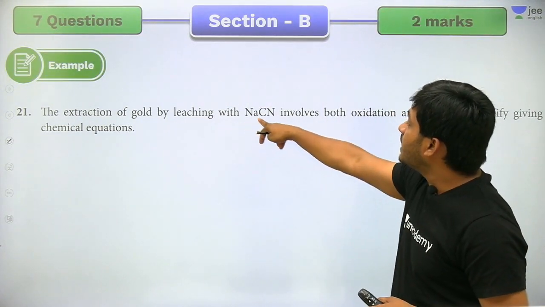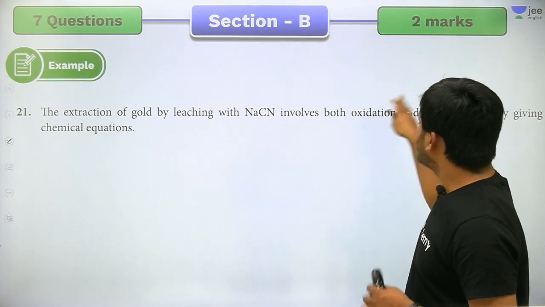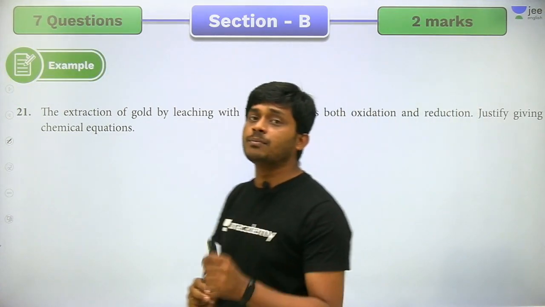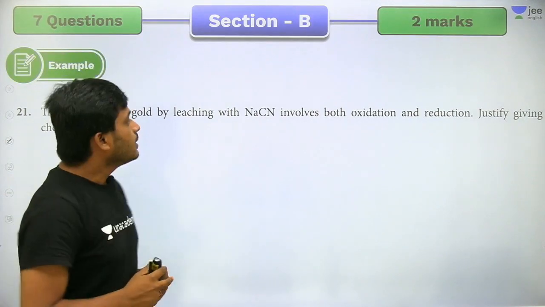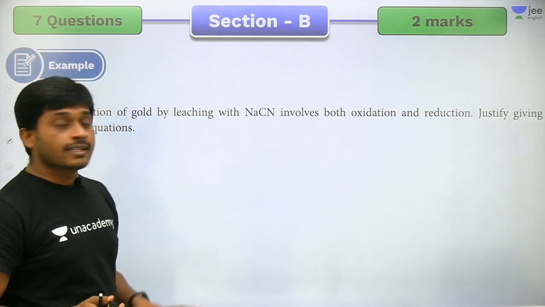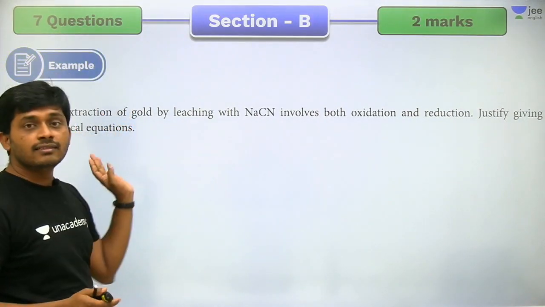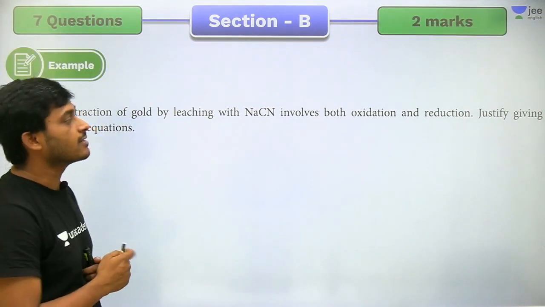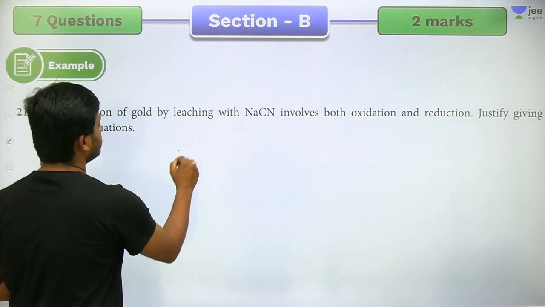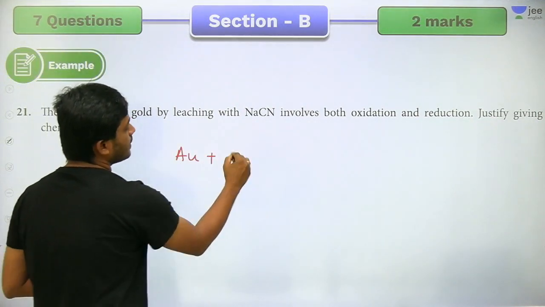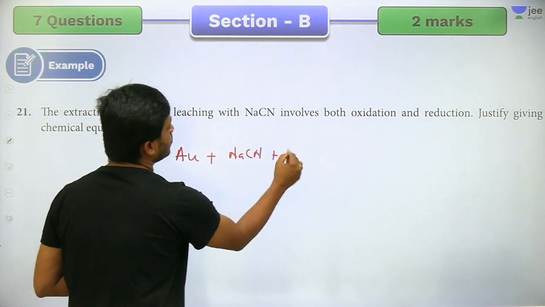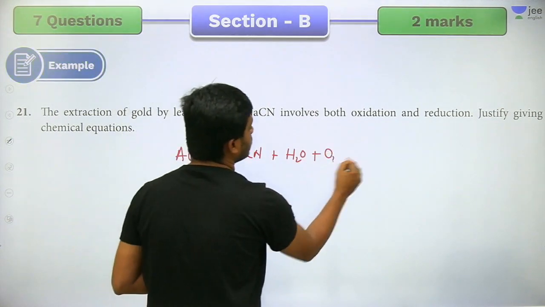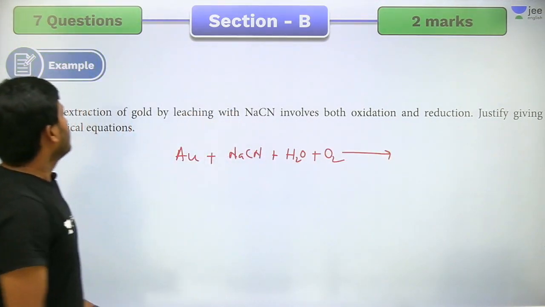Extraction of gold by leaching with NaCN involves both oxidation and reduction. This is very important question. Okay, it involves oxidation and reduction. Justify with chemical equations. How do we justify with chemical equations? So gold Au plus NaCN plus H2O plus O2, right?